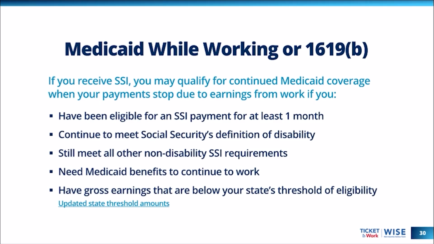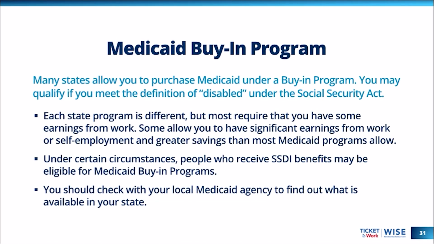So you just got to watch for those thresholds. Exceeding a threshold isn't scary. It just means you'll be in a different place in the Medicaid house. That's all. There's a link here for updated state thresholds. They change every year. So take a look and see what your state is. That is in the web links pod.